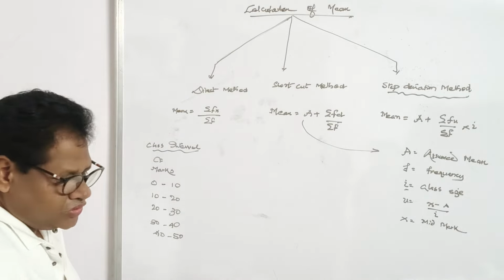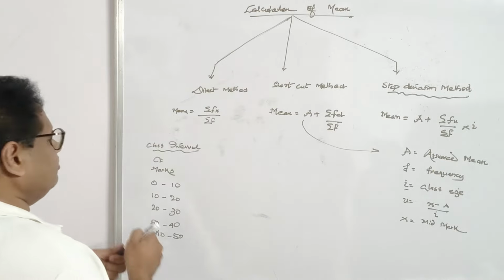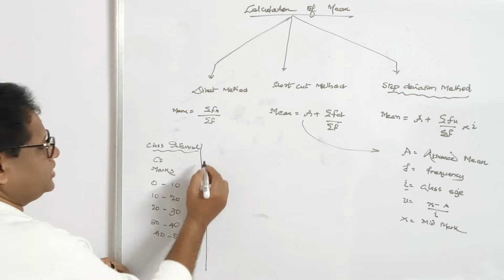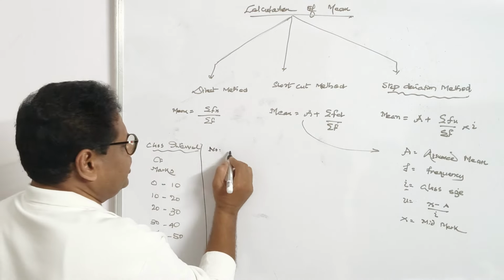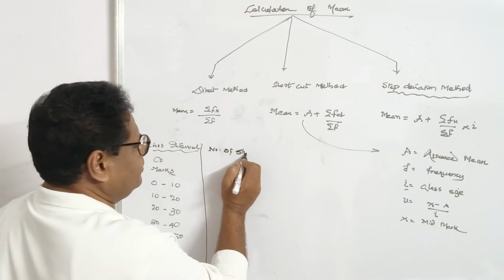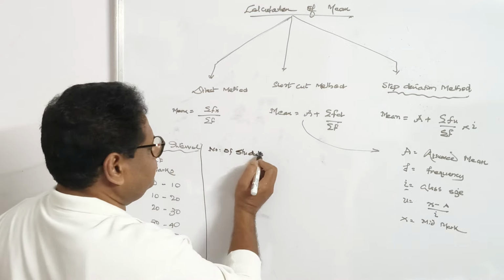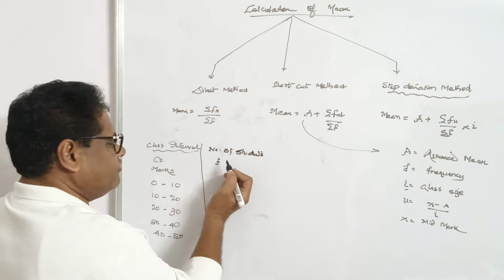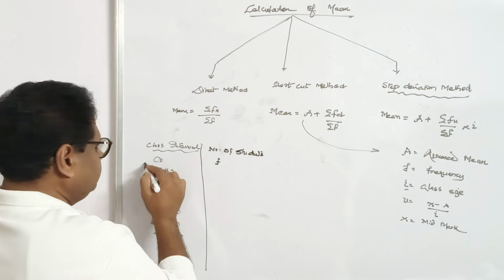Now, the number of students who scored in each range of marks, we represent as f, f for frequency.